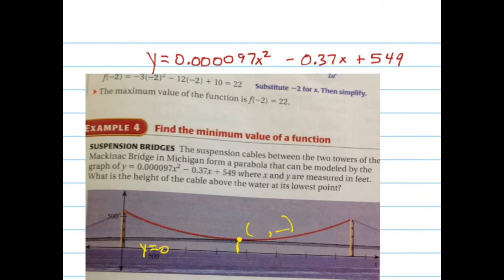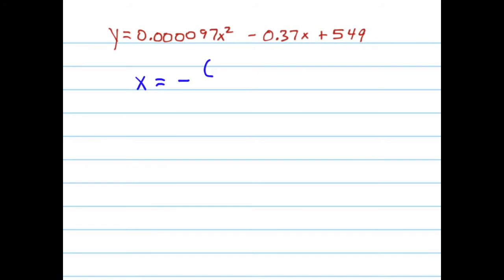So the first step is to find our vertex. Well, we need the x coordinate first, right? So we've got to find our axis of symmetry. That's the x coordinate of our vertex. So what's b?